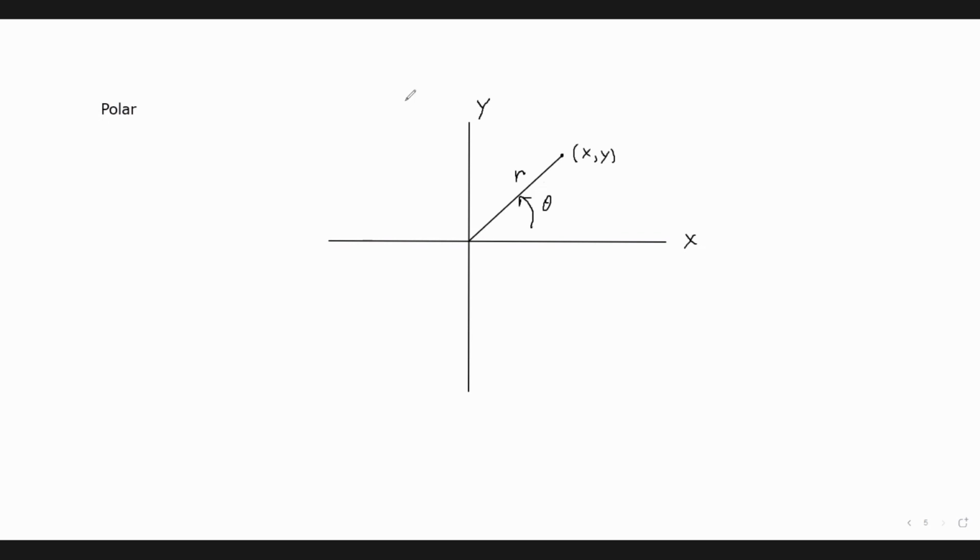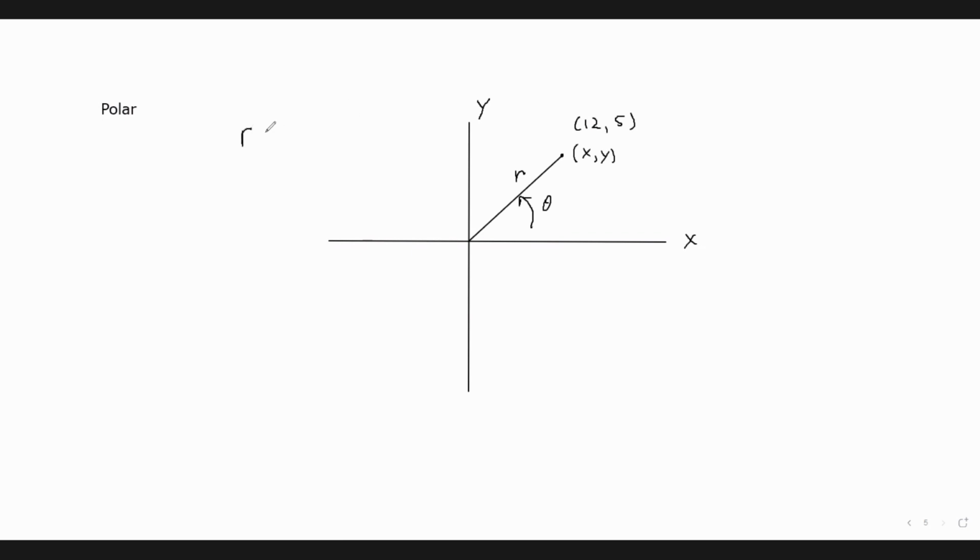So let's say this point is given by an x value of 12 and a y value of 5. How can I express that in polar coordinates? Well, the distance from the origin to this point can be determined by the Pythagorean theorem.